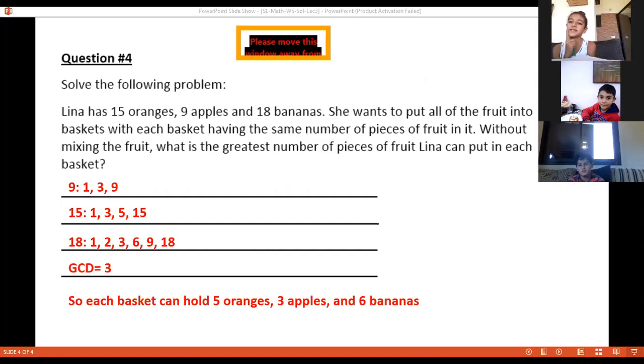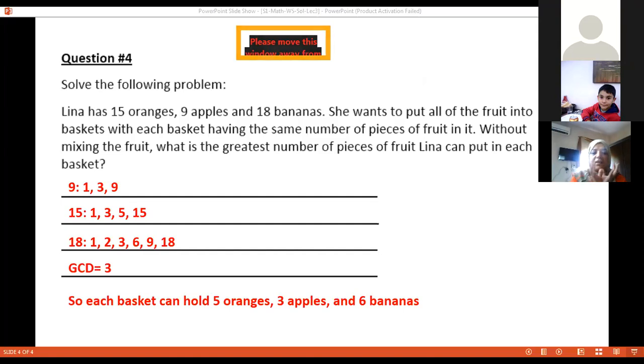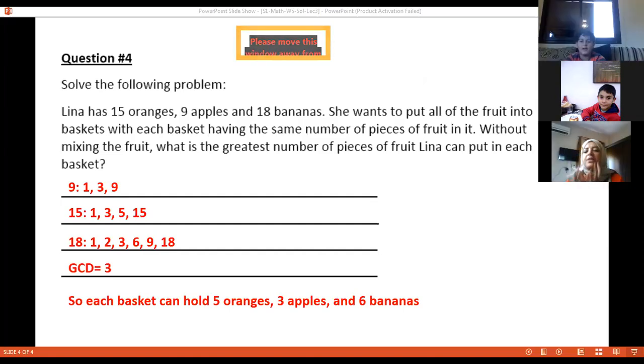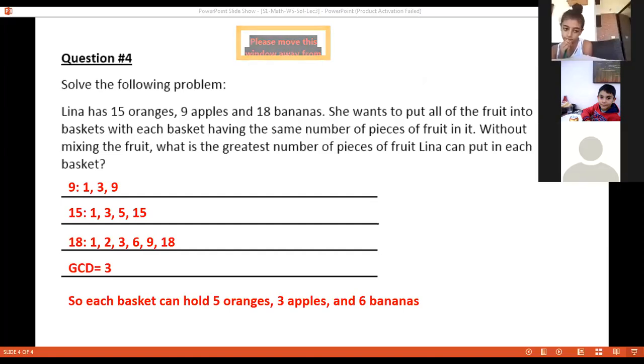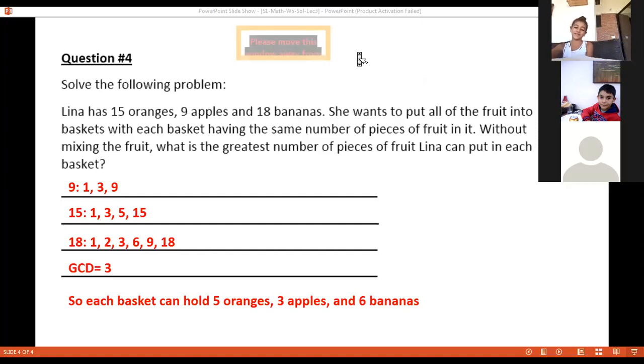So 6 bananas, right? Yes. So in each basket, I'm going to get 5 oranges, 3 apples, and 6 bananas. Miss, and then we need to do the GCF. Exactly. So using the GCF, we are going to know the number of fruits.